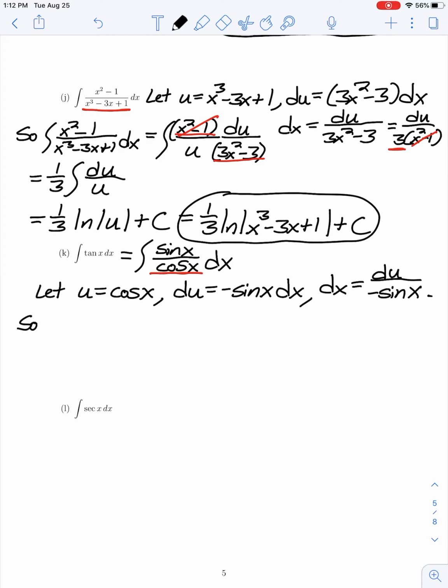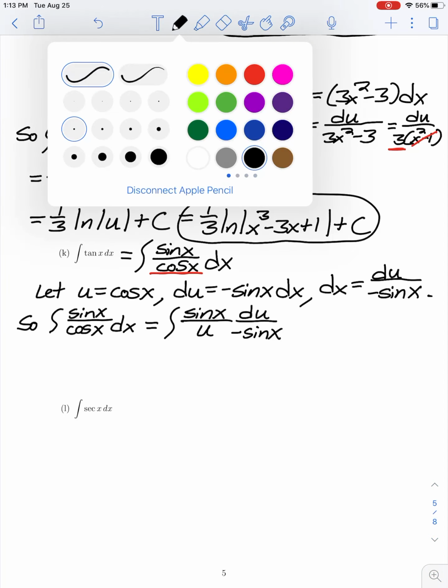So let's look back at our integral. We were looking at the integral of tangent x, which we wrote as sine x over cosine x. So this is now the integral of sine x divided by cosine x, which is what we call the u, and dx we found to be du over negative sine x.